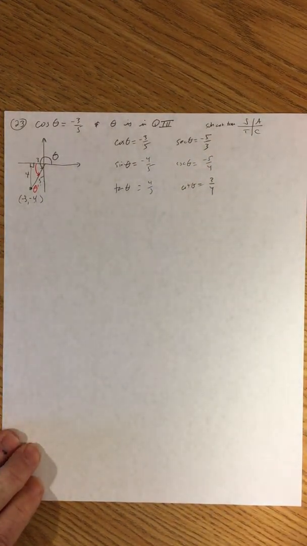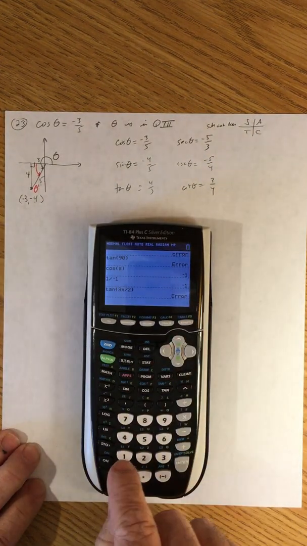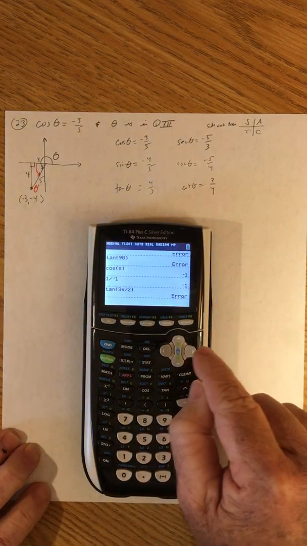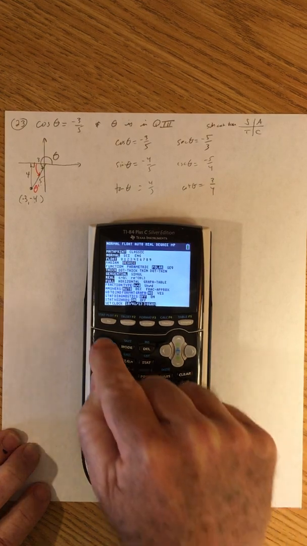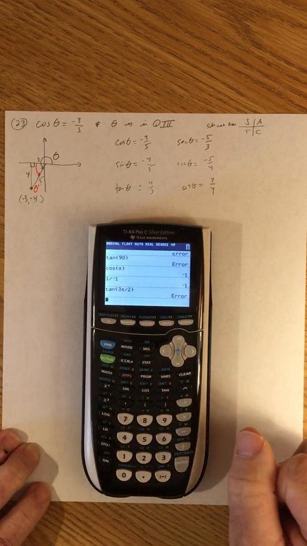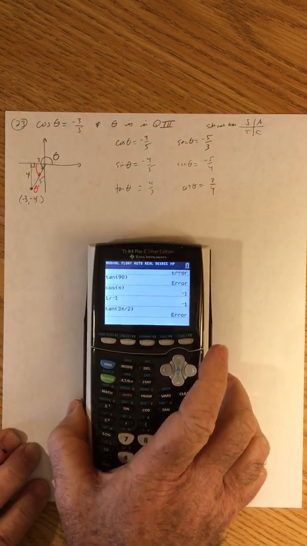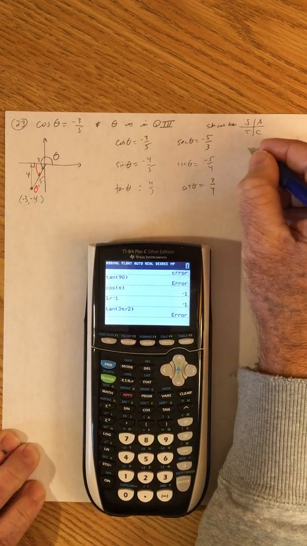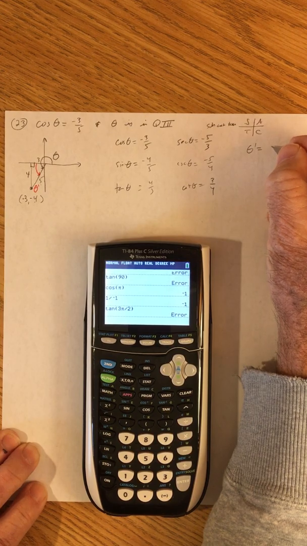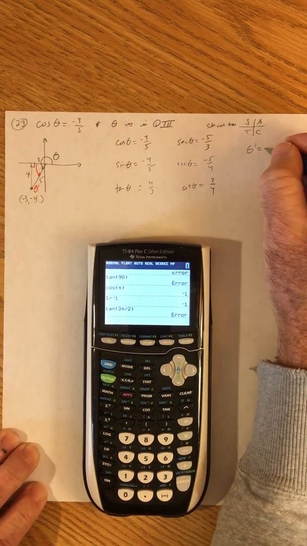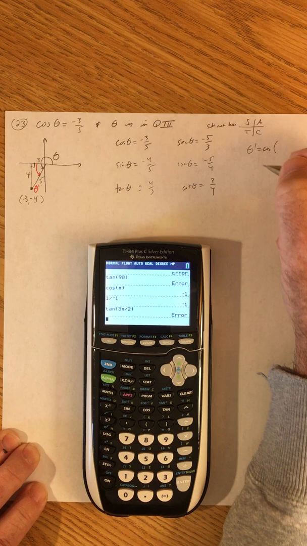All right, here's how we check by grapher. Let's do this in degrees because it makes a little bit more sense. I'm going to go to degrees because you can visualize it a little bit better. I'm going to find theta prime using inverse cosine, but I'm not going to use negative 3/5.